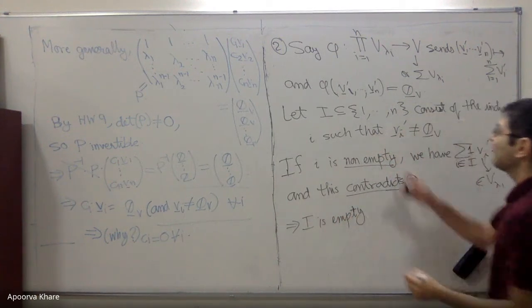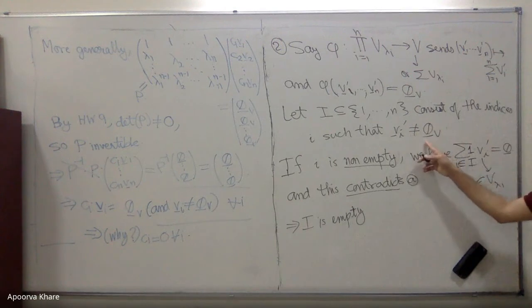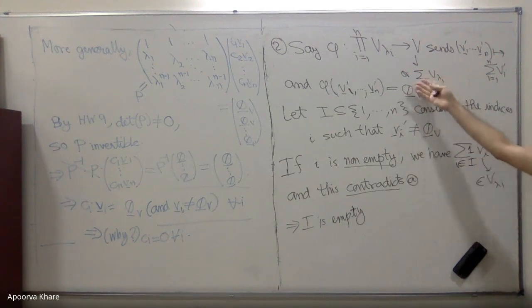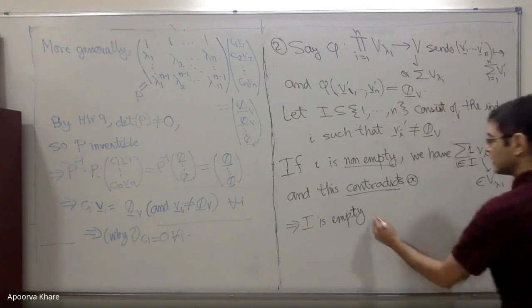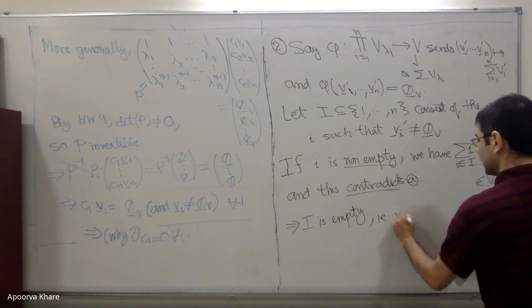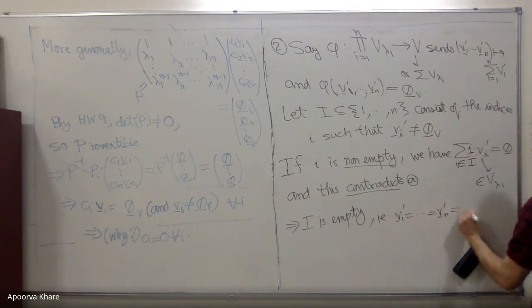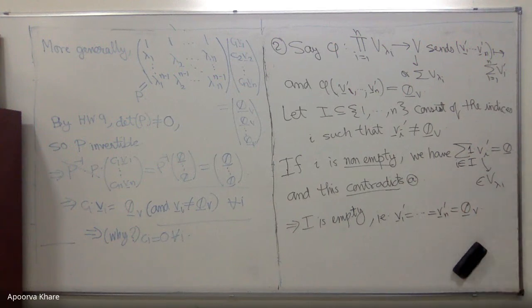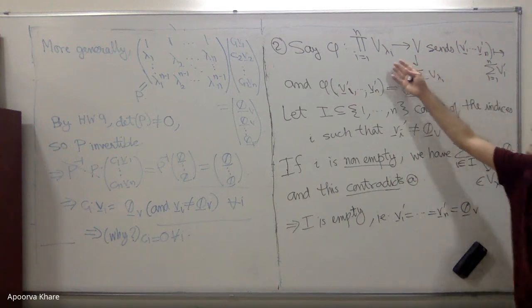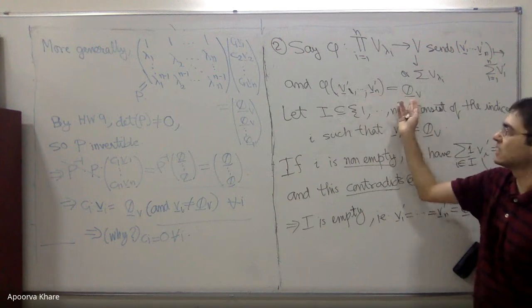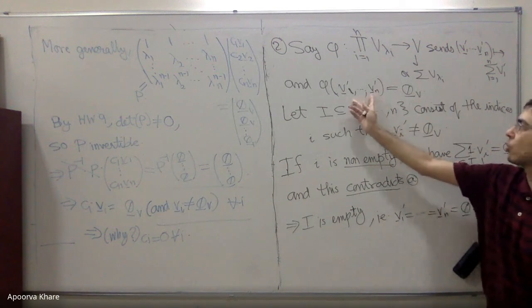What was I? I was a set of vectors which are non-zero in the eigenspace. But then I is empty means that all of the v_i's must be 0. But what was this saying? We started by assuming that phi of this vector is 0 and concluded that all of these coordinates are 0.